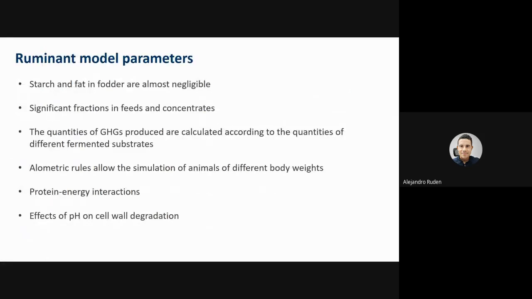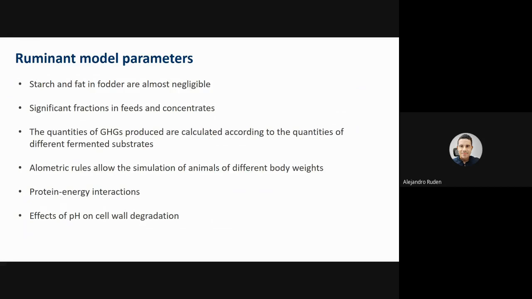Ruminant model parameters. To calculate these emissions, we need to know the composition of the feed. Starch is one of these components, and fat, but they are almost negligible. Significant fractions in feeds are concentrates.